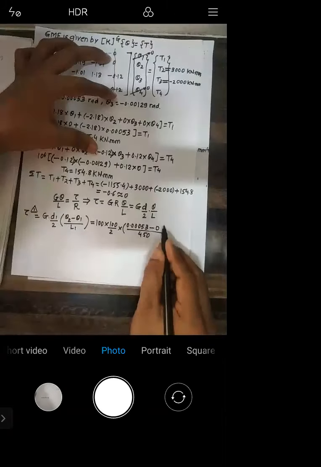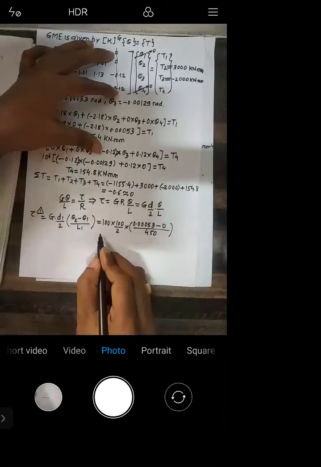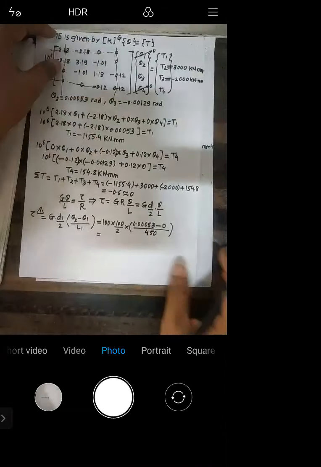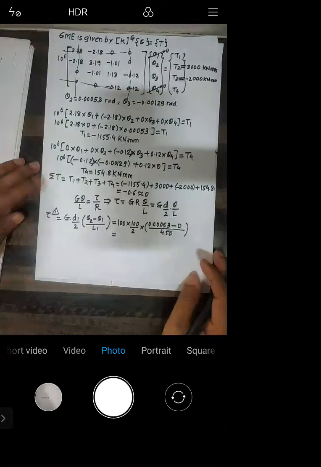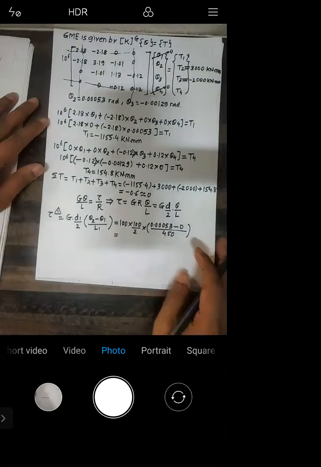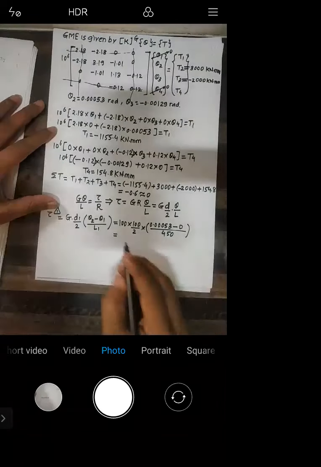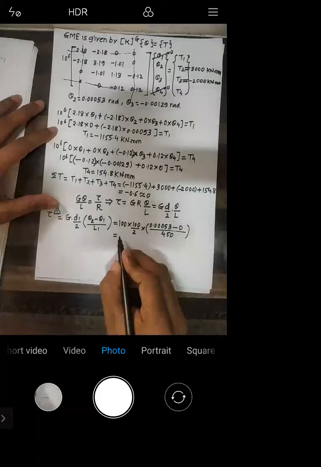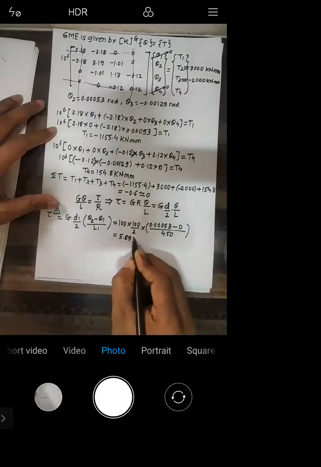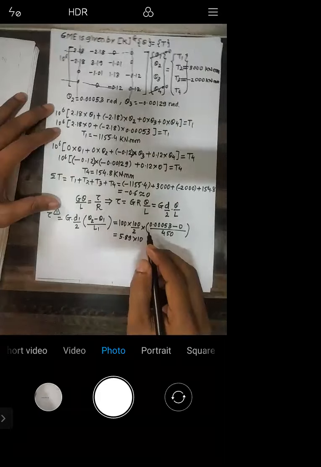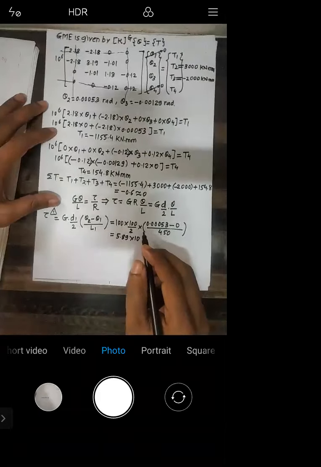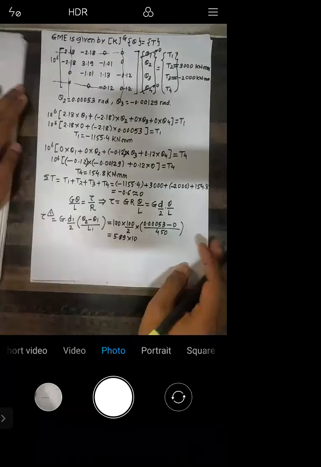So we can calculate the value of stress. It is 5.89 into 10 raised to minus 3.